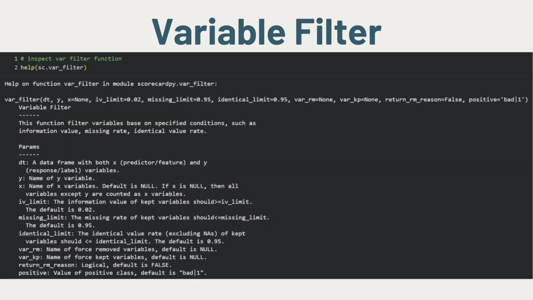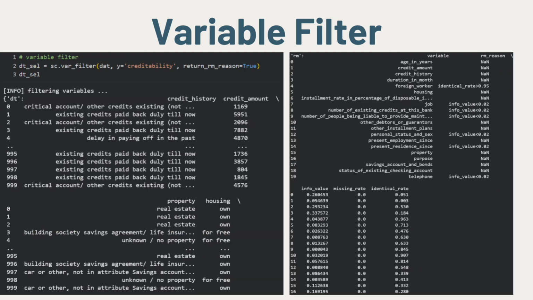If we use the help function on the var_filter function, we see that there are some criteria that are used to filter and remove columns. For example, we can see that there are thresholds for parameters such as iv_limit, missing_limit, and identical_limit. To determine the reason for exclusion, we can rerun the var_filter and set the argument return_rm_reason to true.